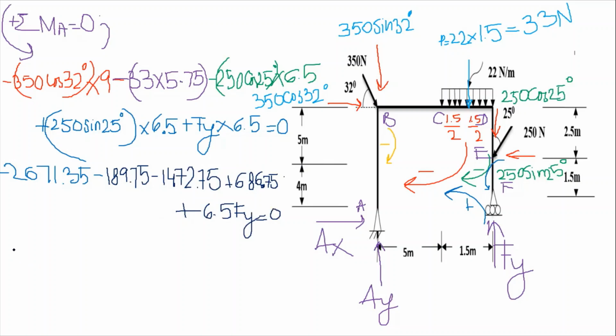So now let me solve it. 2671.35 minus 189.75 minus 1472.75 plus 686.75, divided by 6.5.